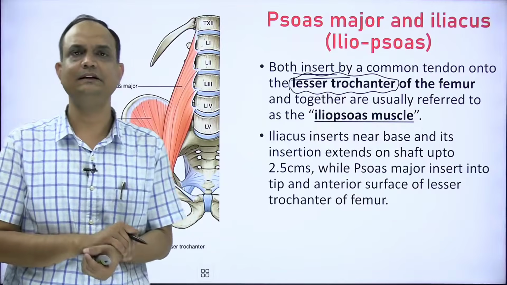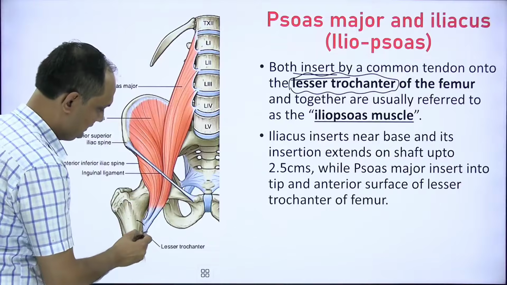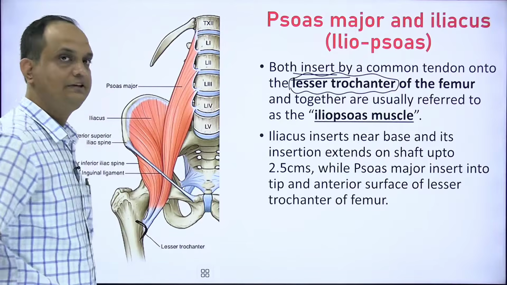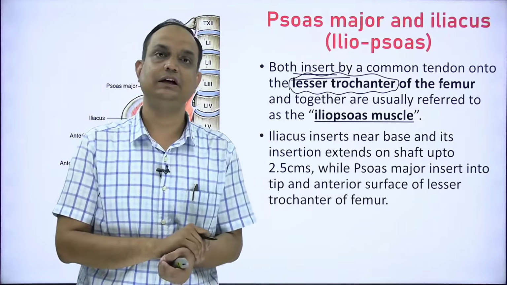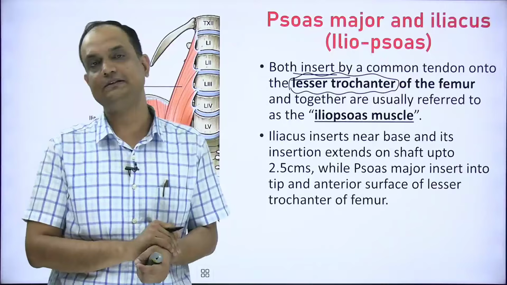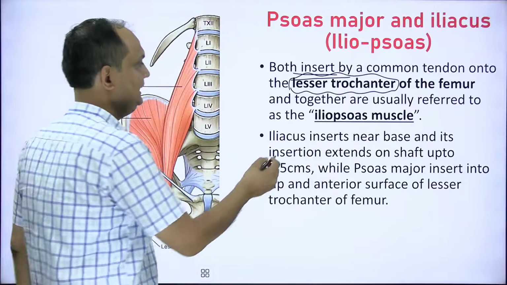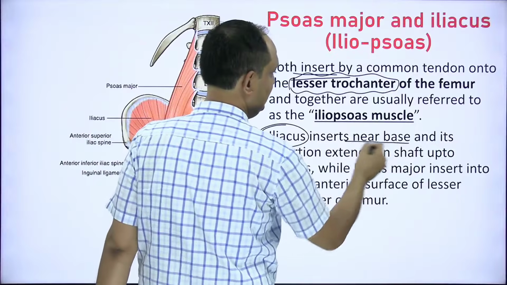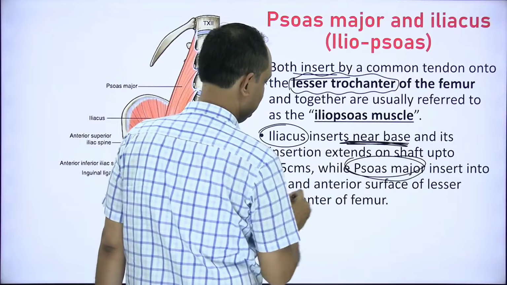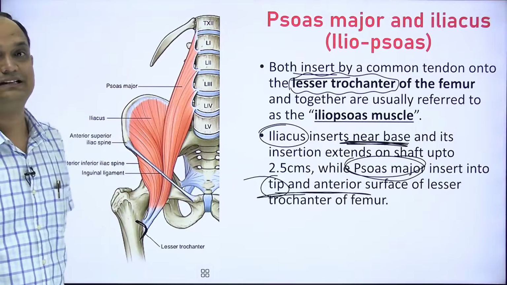But sometimes you get the question: out of these two, which muscle attaches on the tip of the trochanter and which muscle attaches on the base of the lesser trochanter? You have to understand that iliacus inserts near the base of the trochanter, while the psoas major inserts on the anterior part and tip of your lesser trochanter.